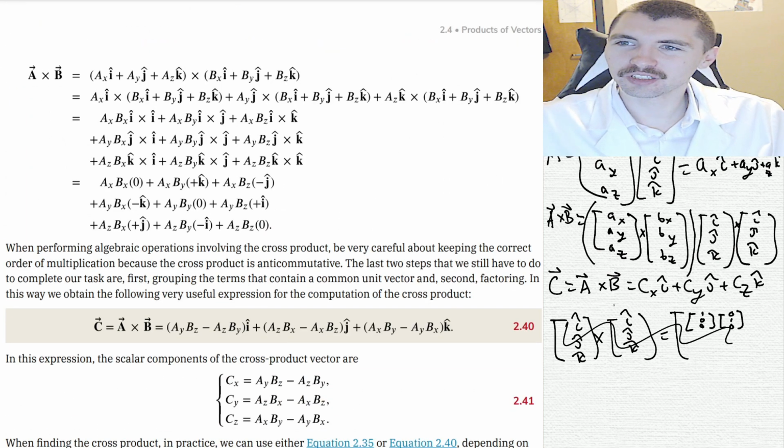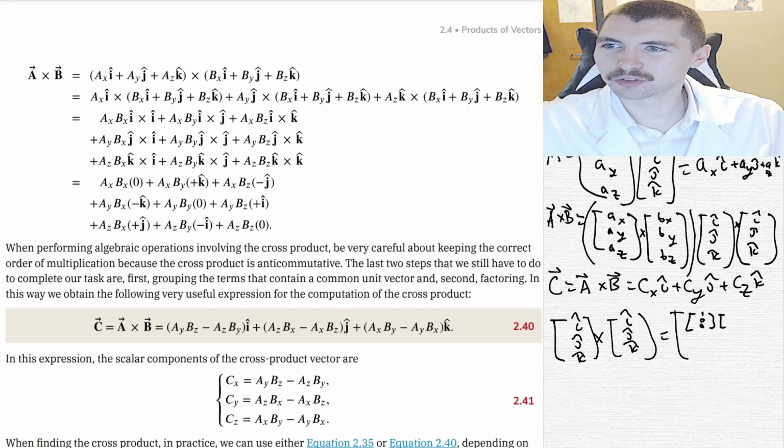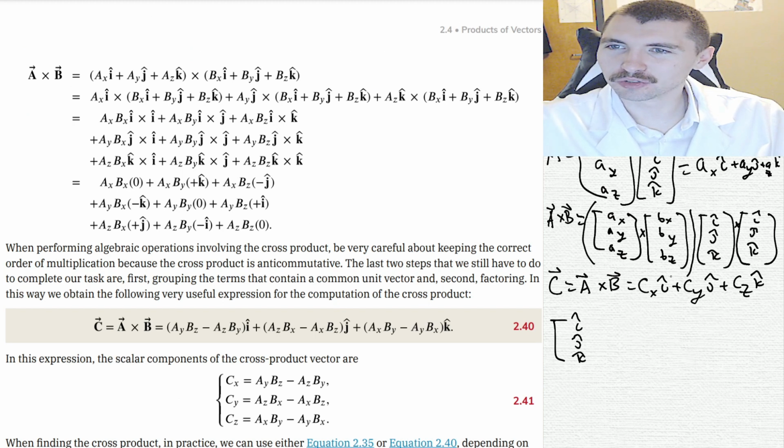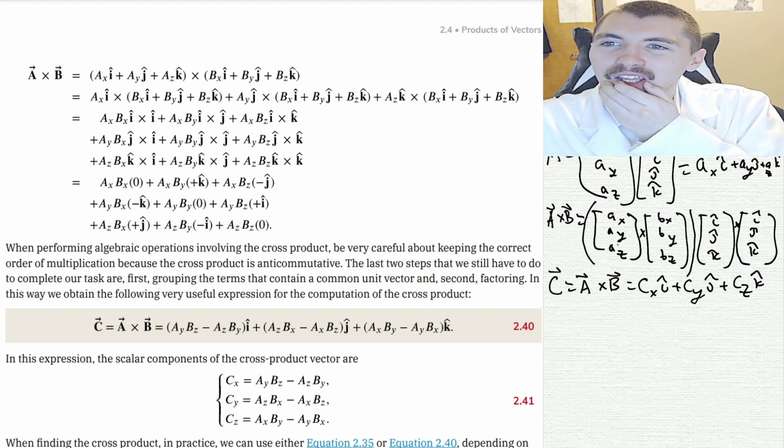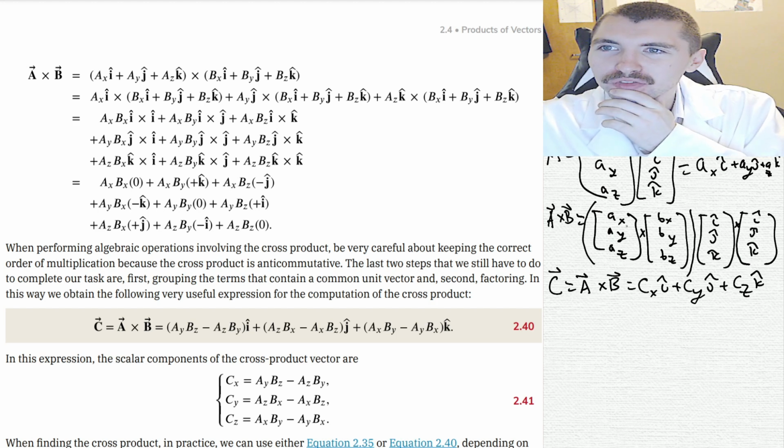Okay, so let me get back to what I was doing. Maybe I'm getting too far off on a tangent. I want to prove what the book's doing.